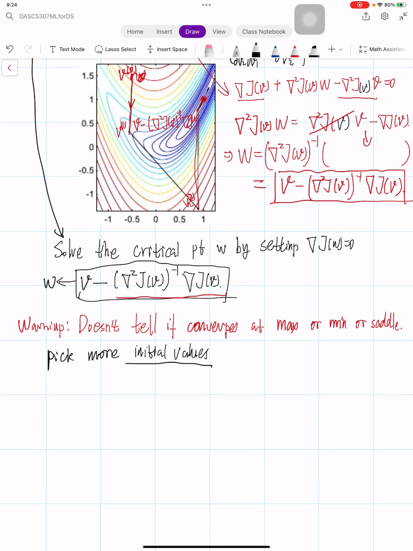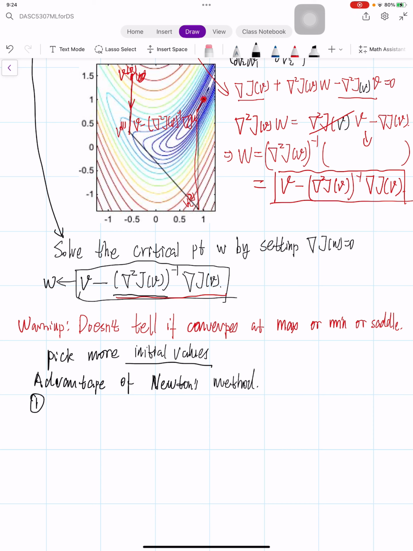First, the advantage of Newton's methods over gradient descent: we don't pick the step size, right?